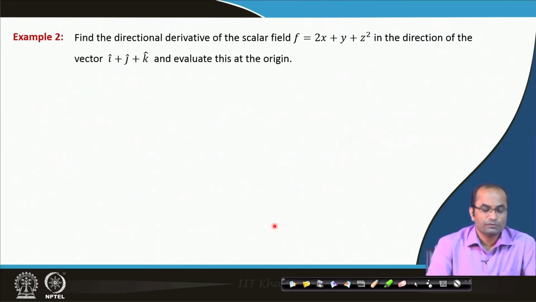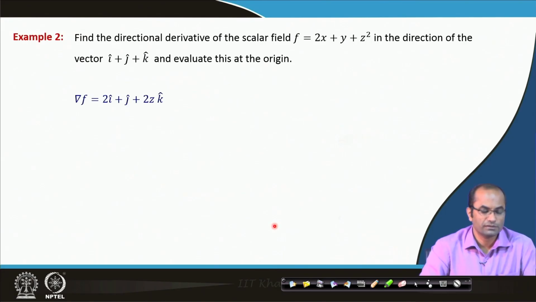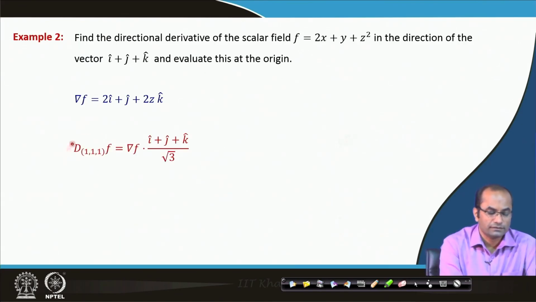Another example, we want to find the directional derivative of the scalar field 2x plus y plus z squared in the direction of i plus j plus k, and we want to evaluate that at the origin. Again a similar example, we have to get the gradient of f, that is 2i plus j plus 2z k, and then the directional derivative will be given if we multiply this by the unit vector.